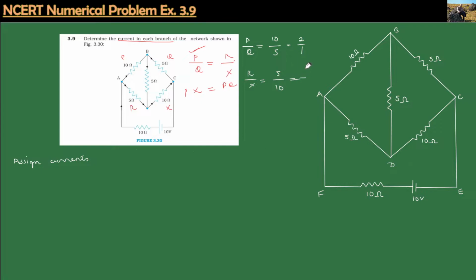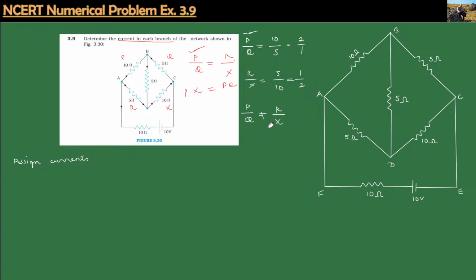So over here you'll get the ratio of 1:2. The ratio will be equal to 1 divided by 2. From this analysis, we can come to the conclusion that the ratio of P by Q is not equal to the ratio of R by X.